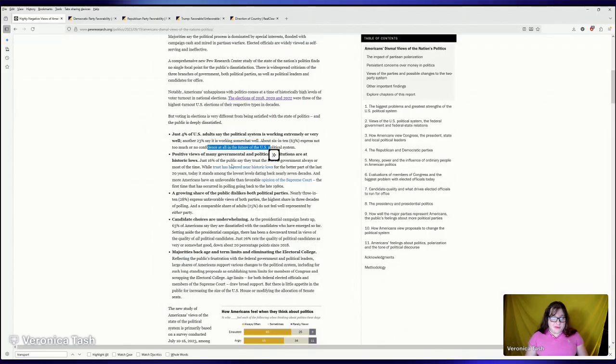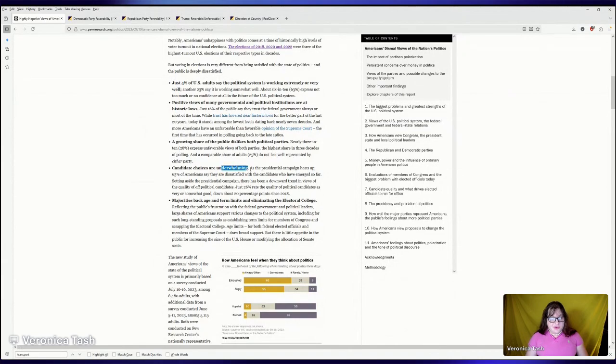Positive views of governmental and political institutions are at historic lows. Growing share of the public dislikes both of the political parties. Candidate choices, they don't like that.